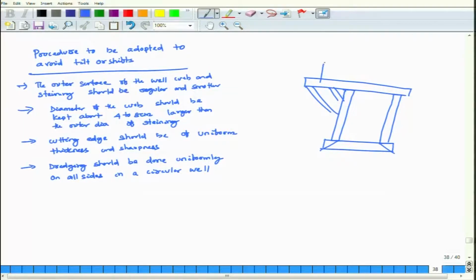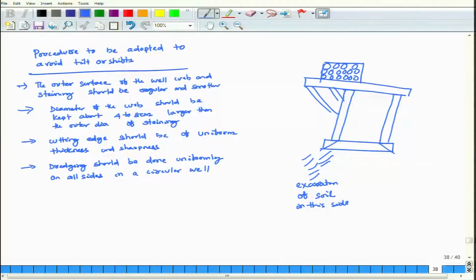Then here you can apply load in the form of sandbags. Then you do the digging, excavation of soil on this side. So, slowly the tilting will be adjusted.